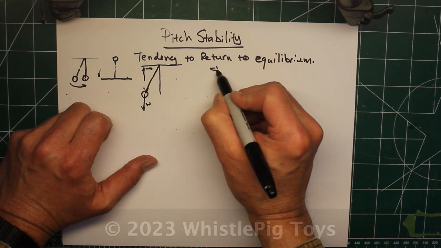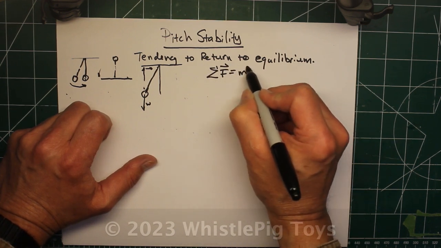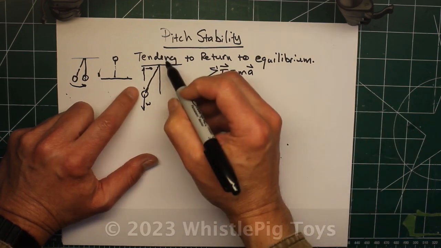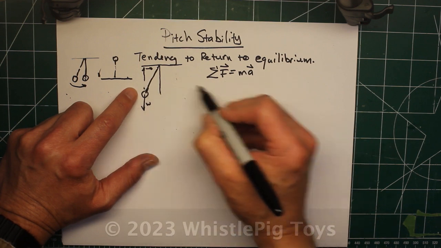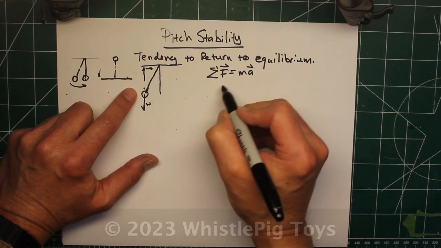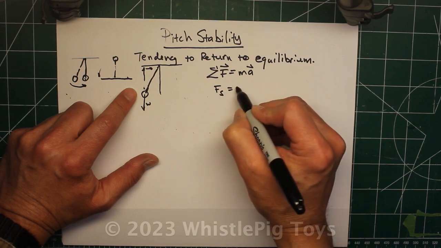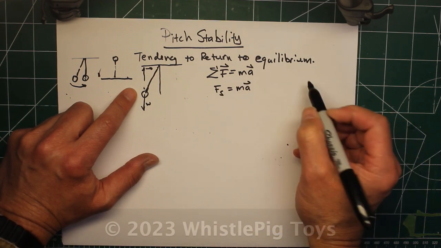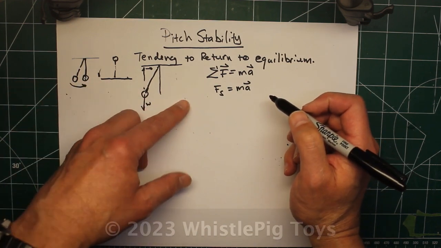And we know from Newton's second law, the sum of the forces is equal to the mass times the acceleration. The up force is countered by the weight, but the side force has no counter. So that means that the forces sideways are not zero. It's equal to the mass times the acceleration, so there's going to be an acceleration in this direction.